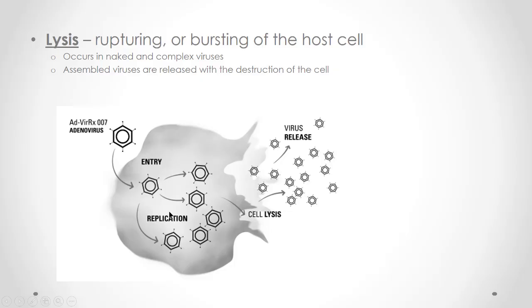Sometimes it's a matter of filling up the cell to the point that it explodes, like putting too much air in a balloon, and sometimes it has more to do with a protein that the virus releases that causes the cell to rupture open. But one way or the other, the cell ruptures, and this is actually a pretty clear mechanism when it comes to damage, which we're going to talk about next, actually. So that finishes the cycle there with release, depending on what kind of virus you're talking about.